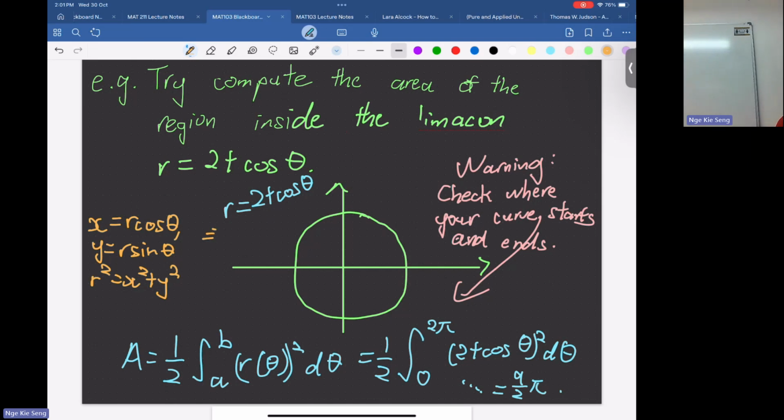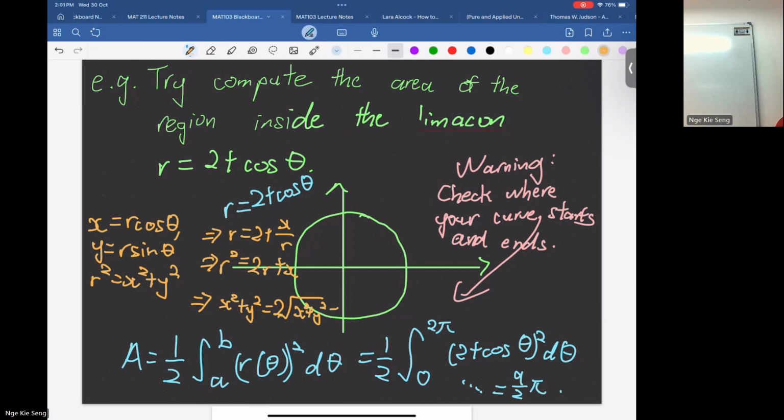So let's quickly do it. r equals to 2 plus x over r, and then this gives r squared equals to 2 times r plus x. So altogether here you will get x squared plus y squared equals to 2 times square root of x squared plus y squared, plus x. So see if you can compute area using this xy form.